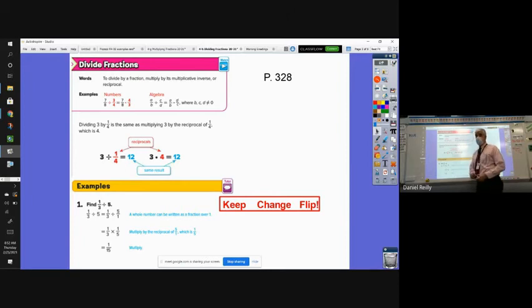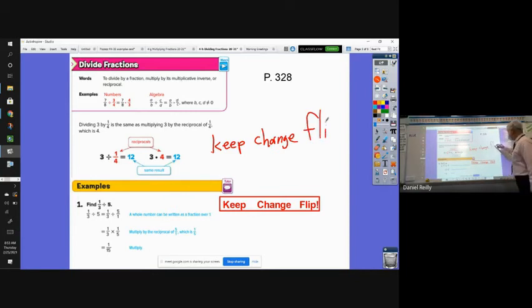In division, we do keep, change, flip. Flipping a fraction means take the numerator and make it the denominator, take the denominator and make it the numerator. Okay, that is called the reciprocal.